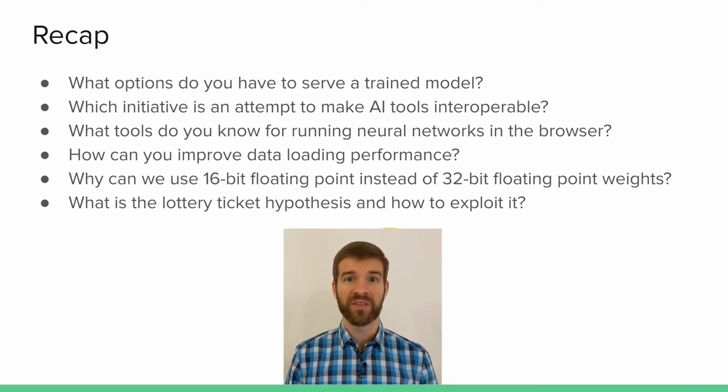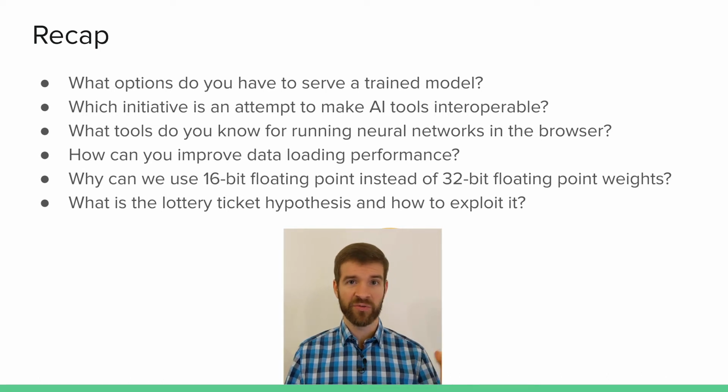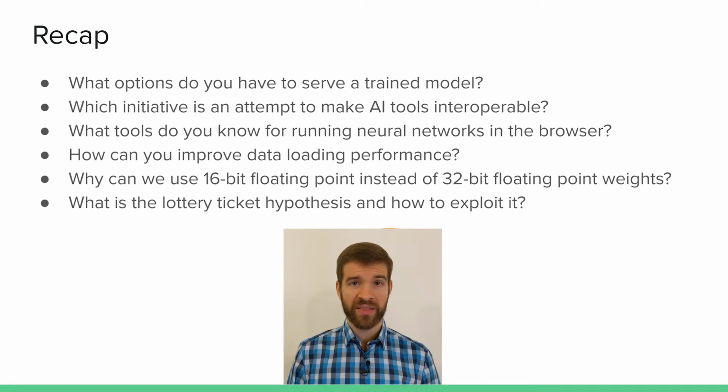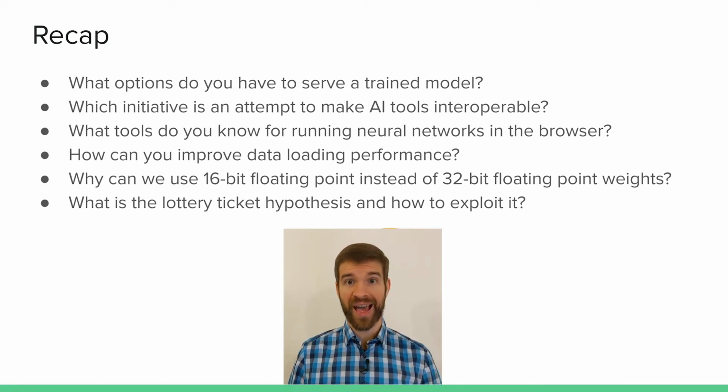Lastly, we talked about the lottery ticket hypothesis and how we can exploit it last week. And the idea behind this lottery ticket hypothesis is that when we have a randomly initialized dense neural network, it contains a subnetwork that can be trained to perform as well as the complete dense neural network.